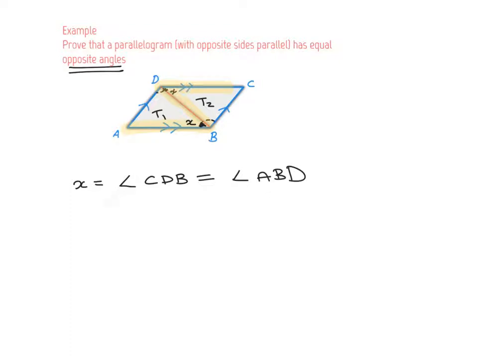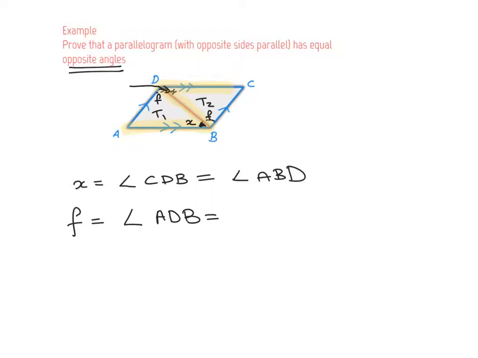We could use the same idea. I'm just going to label this angle over here F. Use the same idea that we just used to prove that X is the same for both triangles to show that these F's are also the same. So I have ADB, and that is the same.